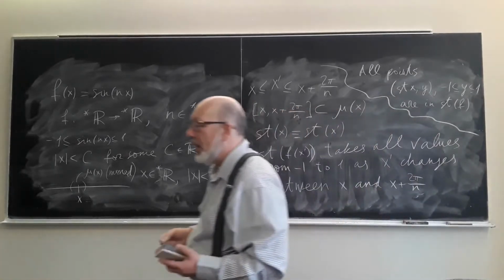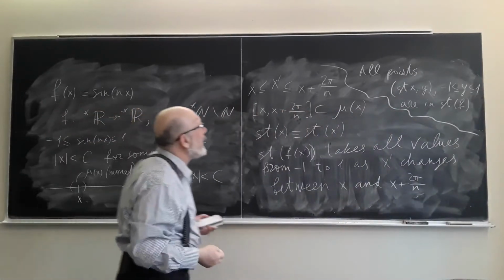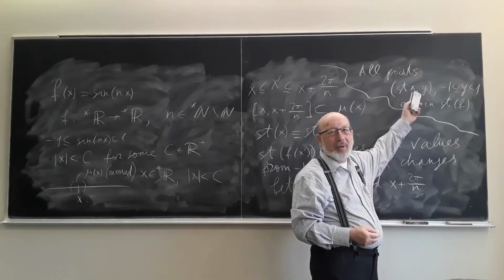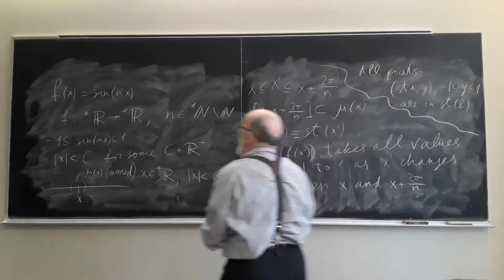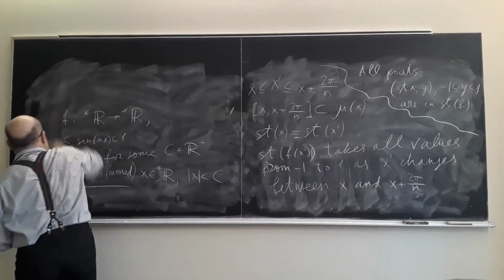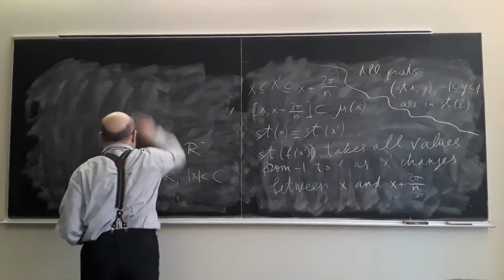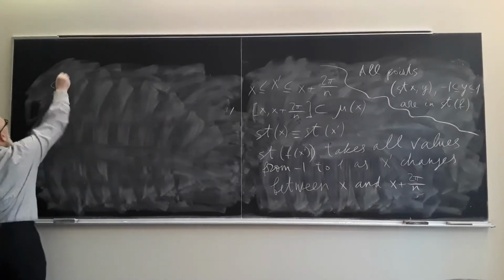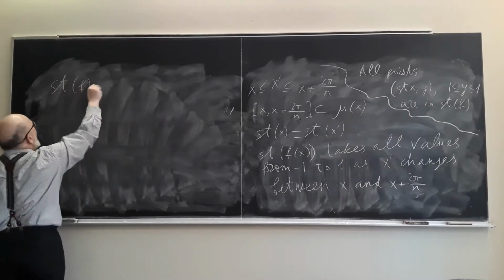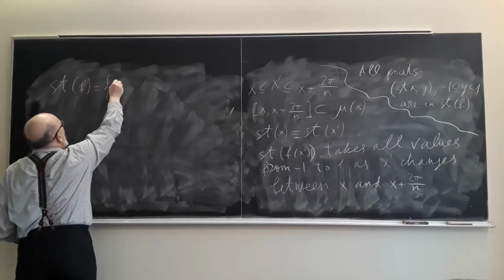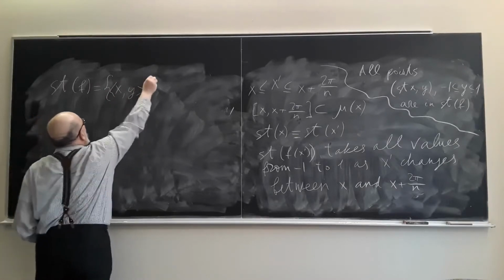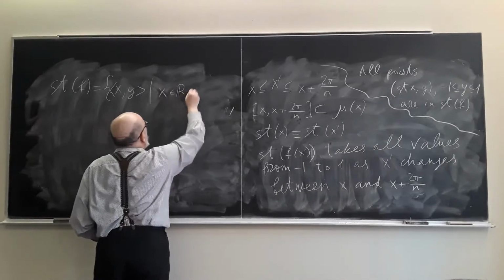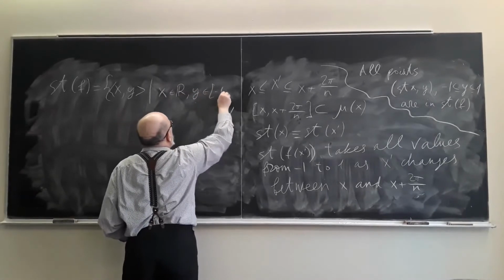Now, we can take the standard part of x to be any number because we take x as a standard number. And we can conclude that the standard part of f equals the set of all x, y such that x is in R, y is in [-1, 1].